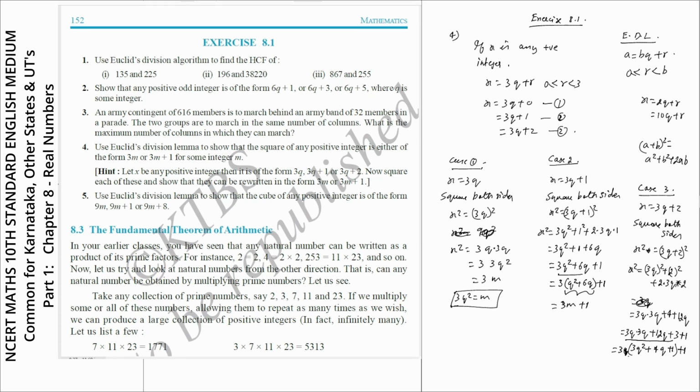So now again if I take this part as m, I'll get 3m plus 1. Now you can see this and this are the same. So what it means is the square of any positive integer is either of the form 3m or 3m plus 1, and that proves the problem.